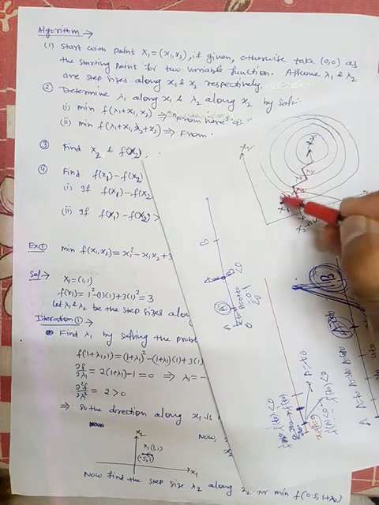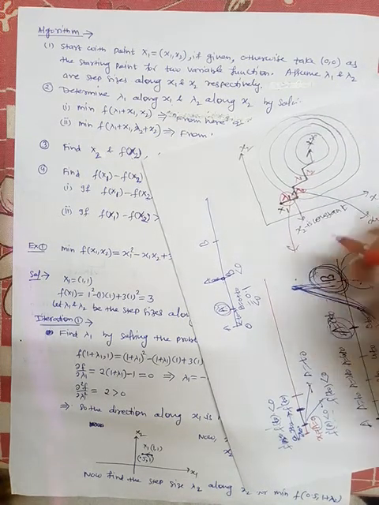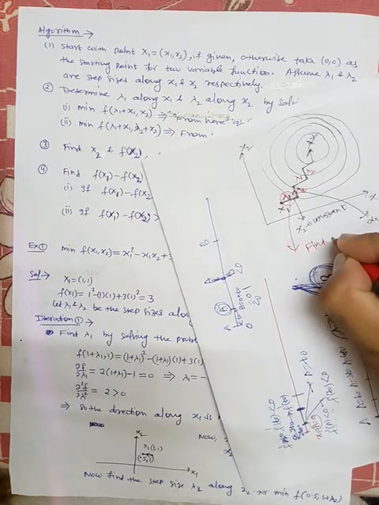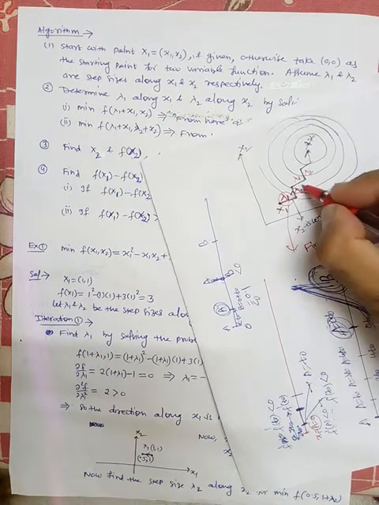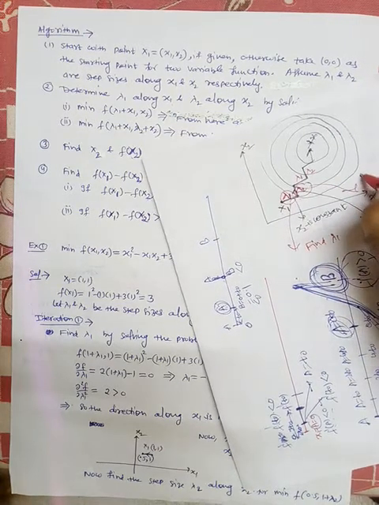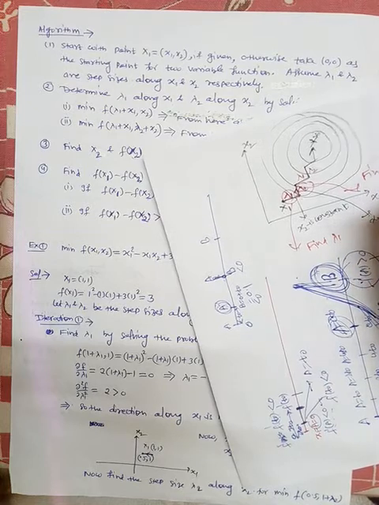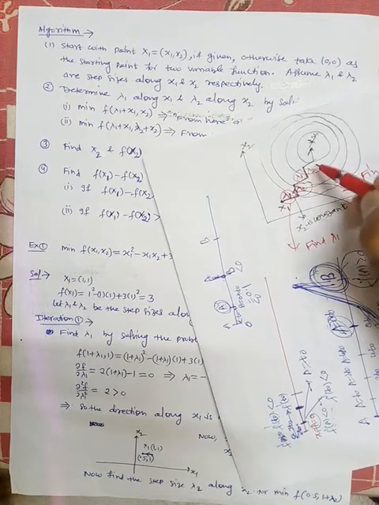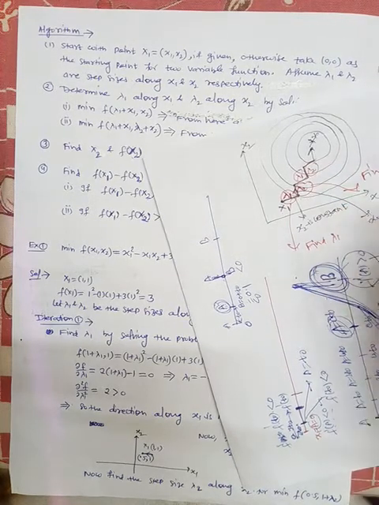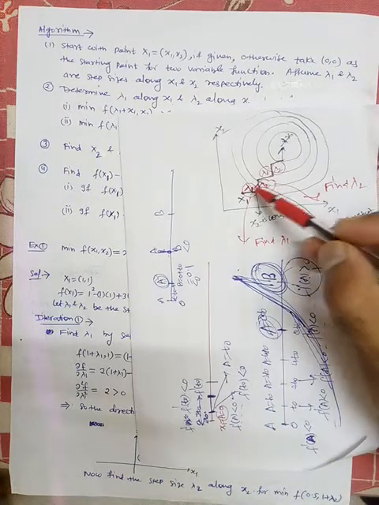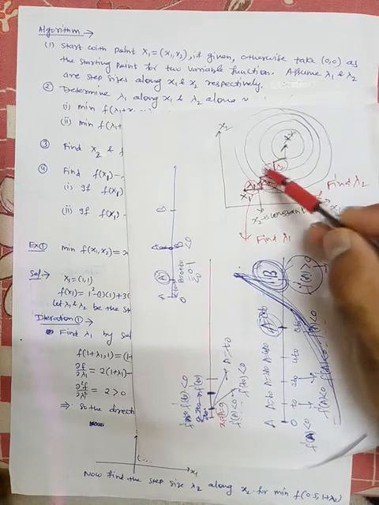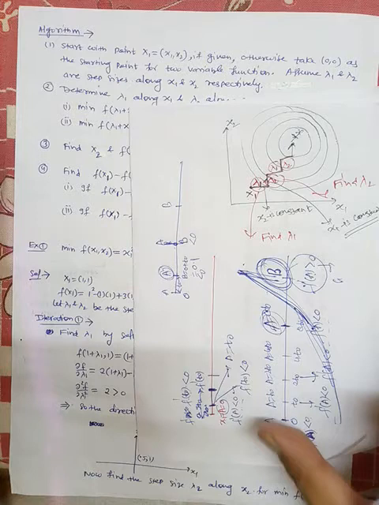So the aim is to find lambda 1, find here lambda 2, again find lambda 1, again find lambda 2. So this is the strategy. So we have to find lambda 1, lambda 2, lambda 1, lambda 2 and so on.